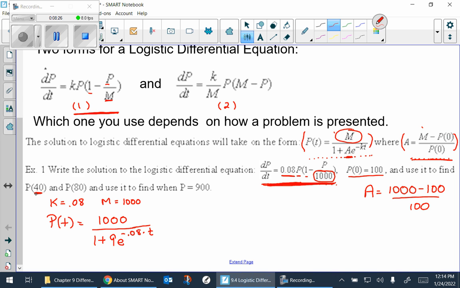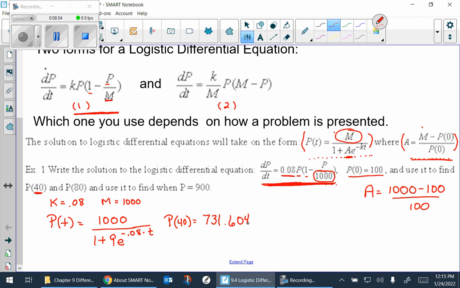Why don't you do that now and then resume, and let's see what we come up with. I get that the population at a time of 40 was equal to 731.604.